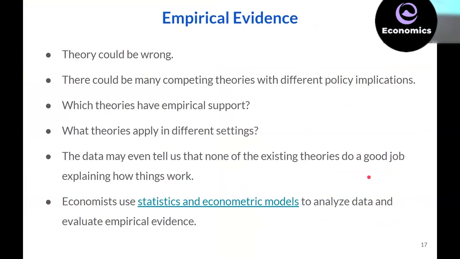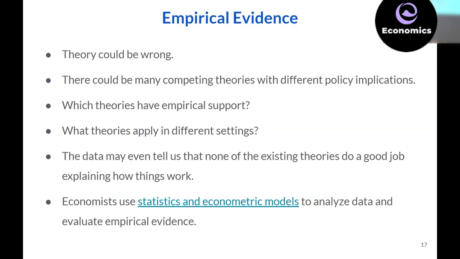But the thing is, a theory could be wrong. I could tell you that there's a secret teapot orbiting around Saturn and secretly controlling the grades of all of you. That's my theory, but obviously that's ridiculous. In reality, theories could be less ridiculous, and it depends.